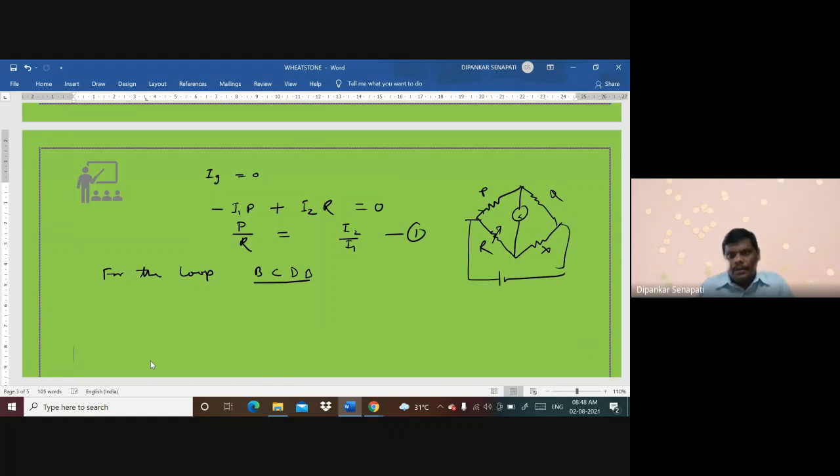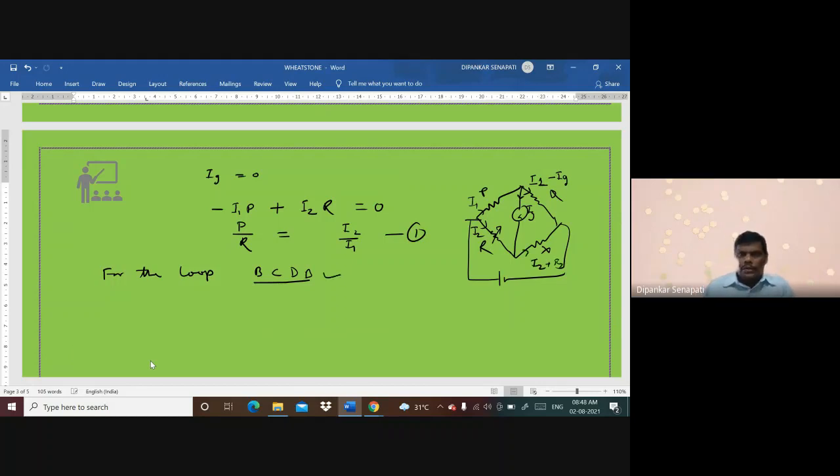This current is I1, here we have taken I2, and this current is Ig, which we are taking initially, but later we will make it 0 for the balanced condition. That is I2 minus I1 minus Ig, and here the current is I2 plus Ig.